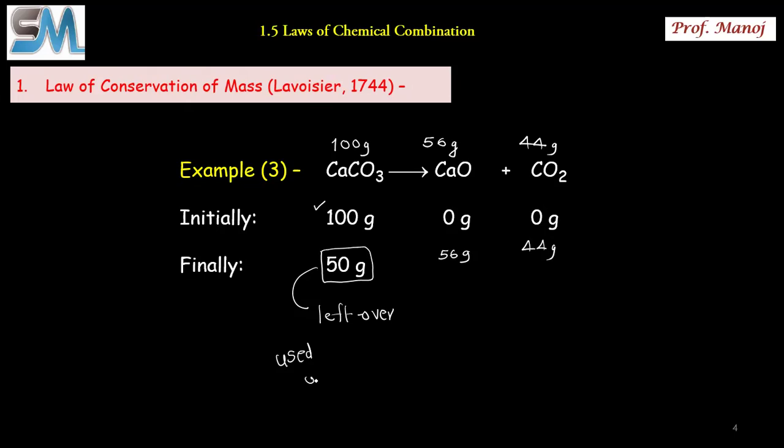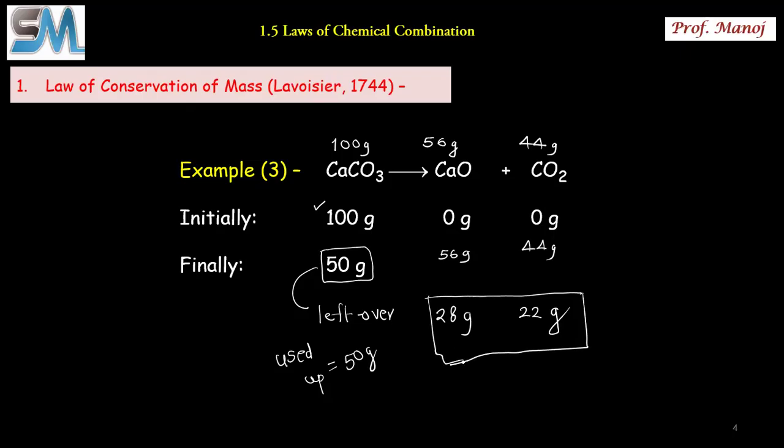The used up mass is only 50 gram. So if only 50% quantity is used, then the produced masses will also be 50%. So your answer for the product masses is going to be 28 gram of calcium oxide and 22 gram of carbon dioxide.